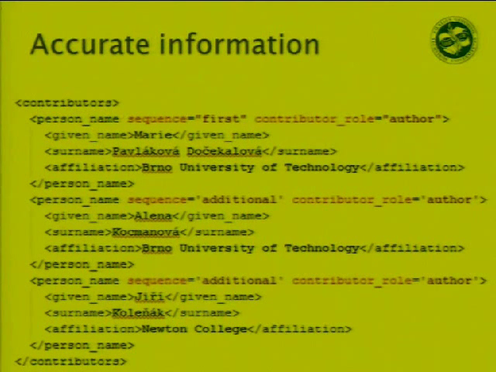What is more, as I said, it requires a lot of patience and attention, and you have to deposit accurate information. If you have the first author, you shouldn't mix it with an additional author, because the statistics are made and it's not very useful for your institution when you mix it up and get misleading information published.